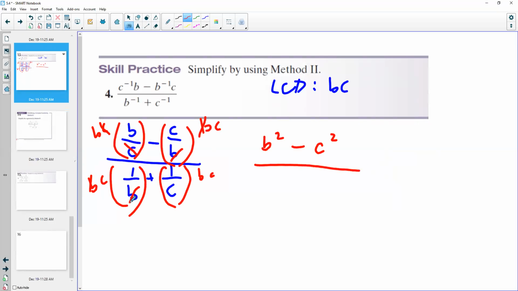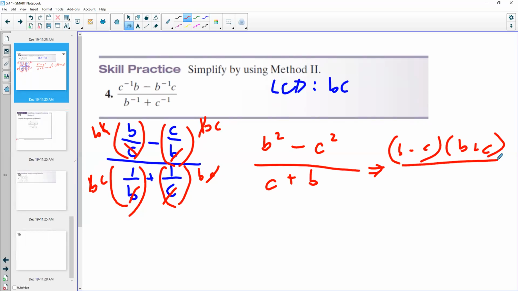B's cancel there, that becomes C, plus C's cancel here, that becomes B. That's all. So now factor the top. Difference of squares, B minus C, B plus C, over C plus B, same difference as B plus C, right? Addition is commutative, so those cancel. I'm left with B minus C.